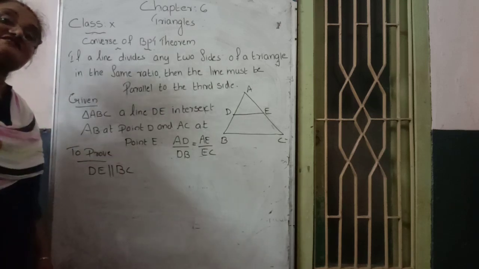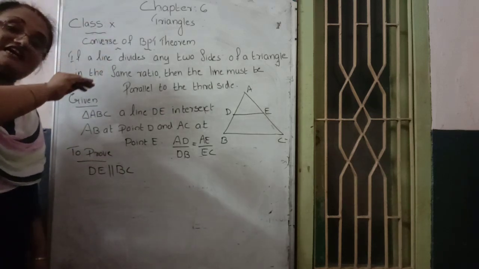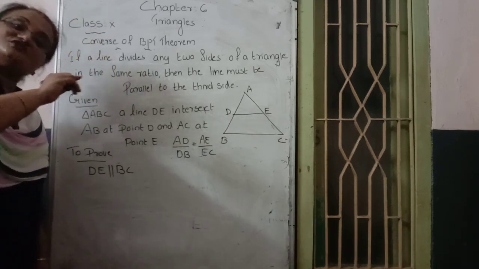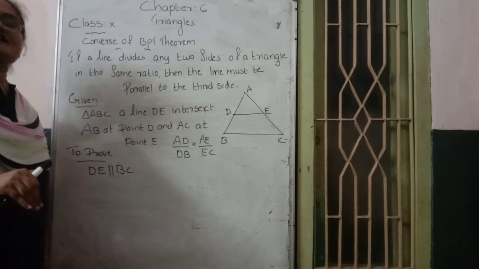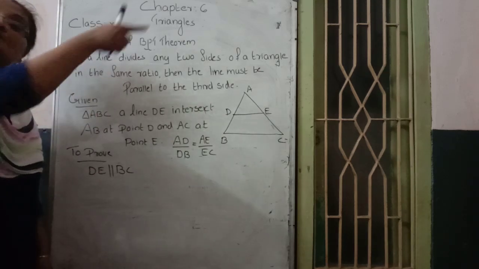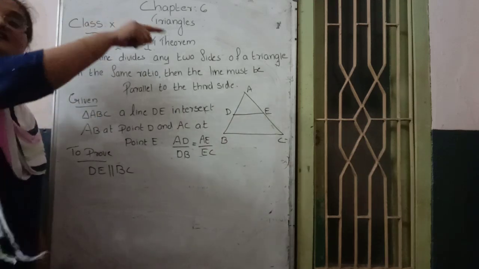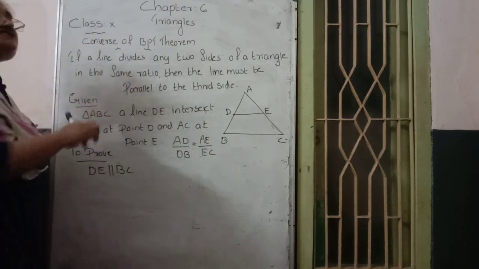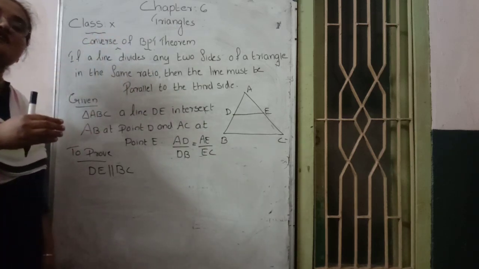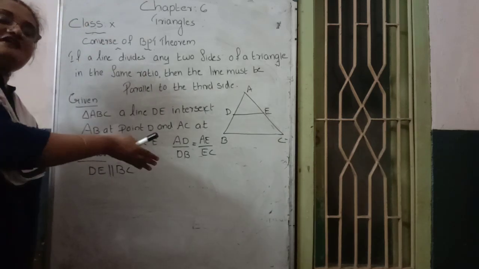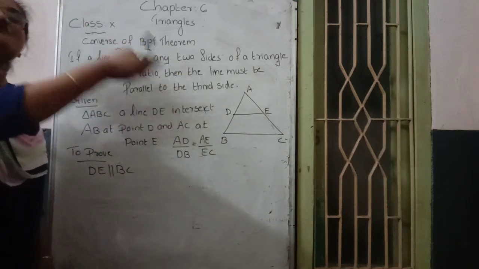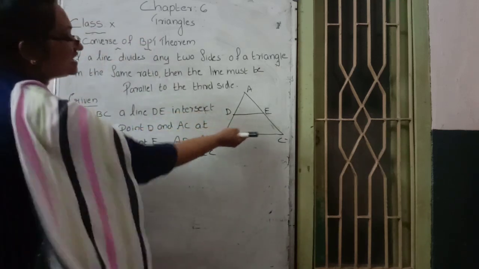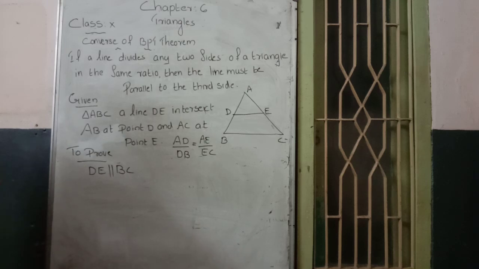In the BPT theorem, a line is drawn parallel to one side of the triangle, and we prove that it divides the other two sides in the same ratio. Here it is reversed, which is what the word converse means. Here the line divides the sides in equal ratio, and we want to prove that DE is parallel to the third side BC.